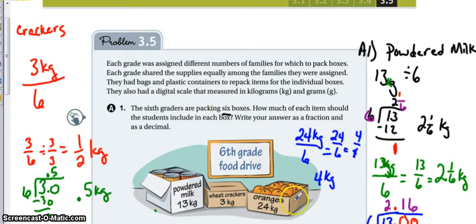Okay, and we can do the same thing with the division. If we took our numerator and divided it by our denominator, whoops, that's not our denominator. Our denominator is 6. 6 can go into 24 4 times, and the answer is 4 kilograms. All right, so that's how we would do that.